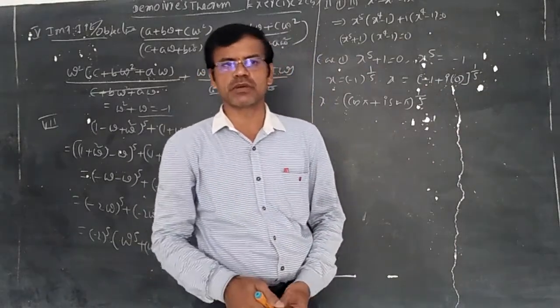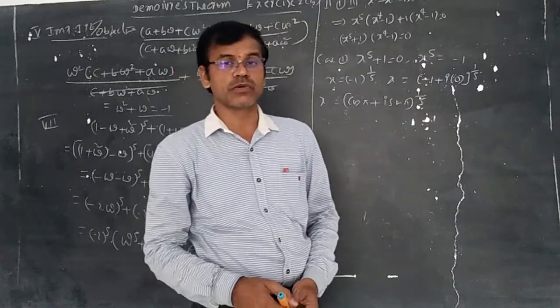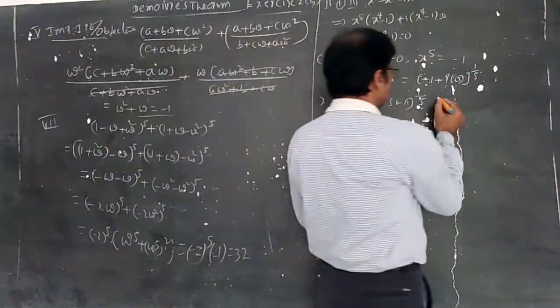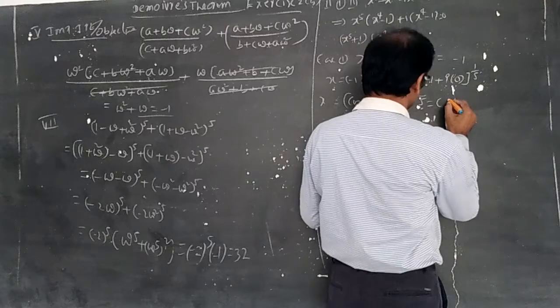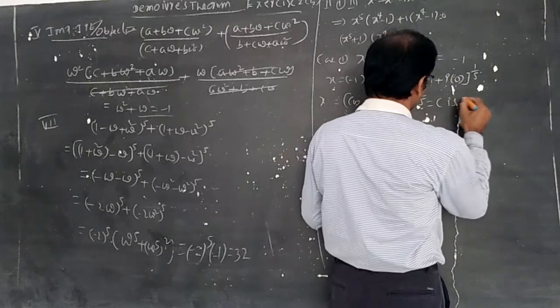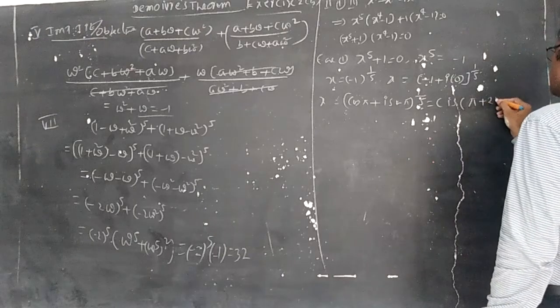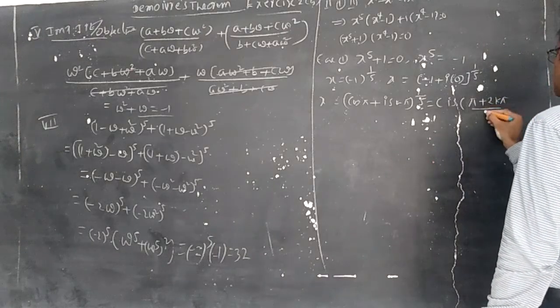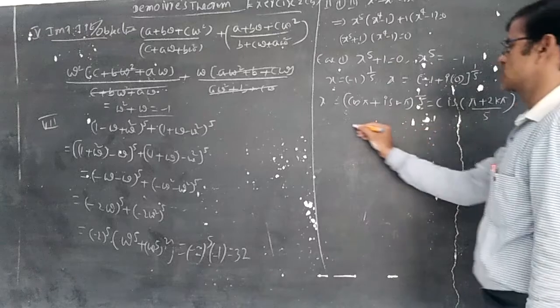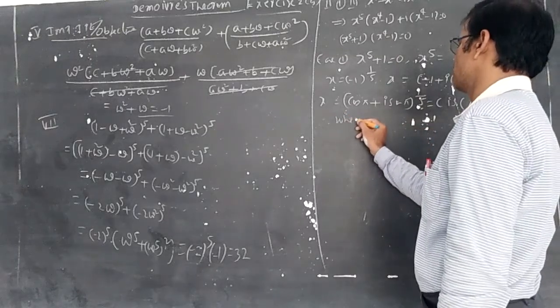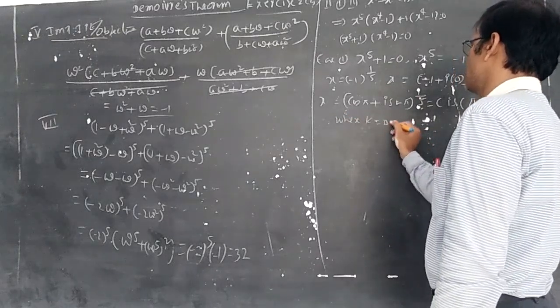is equal to cis of theta plus 2k pi by n, where k is equal to 0, 1, and so on up to n minus 1. So here it is cis of pi plus 2k pi by 5, where k is equal to 0, 1, 2, 3, 4.